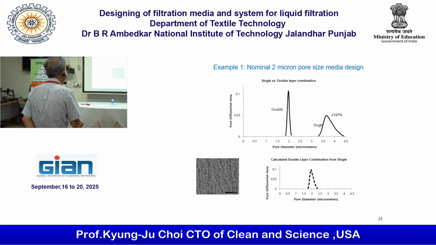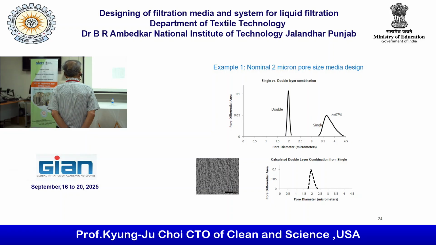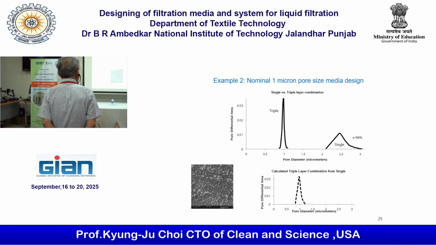So when you look at it, it's really close to the actual data. This is the triple layer. The porosity is a little bit lower. However, if you use the same equation, you can predict almost the same one, in micrometers.